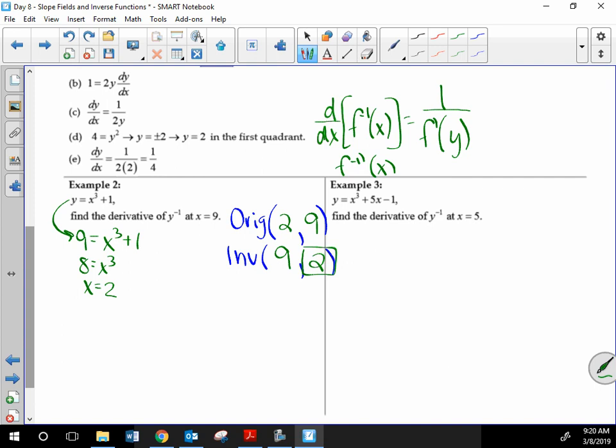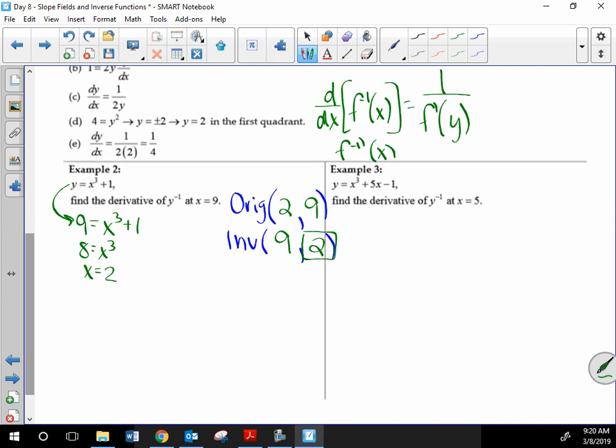Okay, so now we'll just use our formula. In our formula though, we need to do the derivative. So let's go ahead and do our derivative. y prime equals 3x squared. I'm just going to leave it like this for now. So my derivative of y inverse, evaluated at x equal to 9.